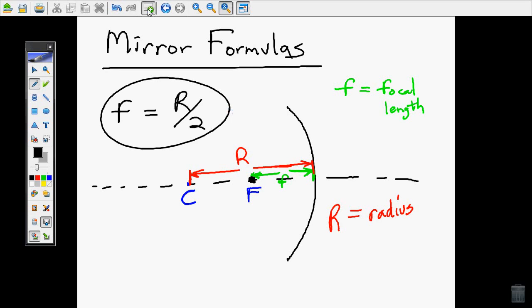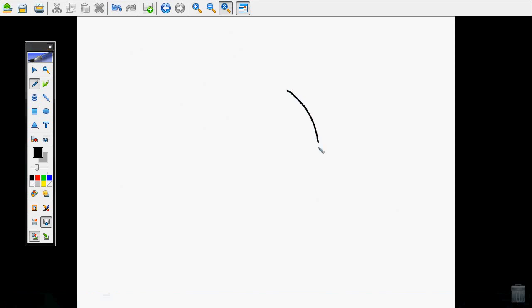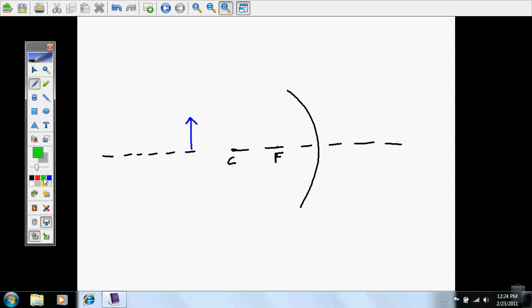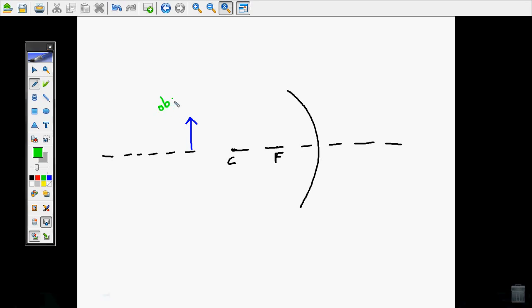Ready? Again, this whole arrow right here is the object.